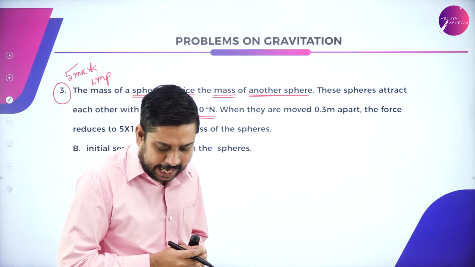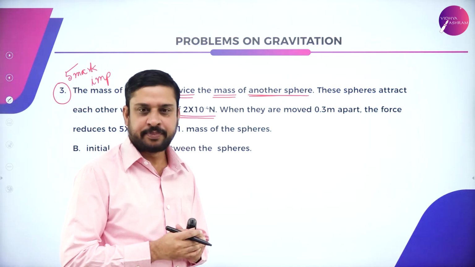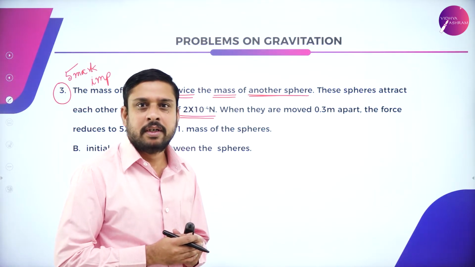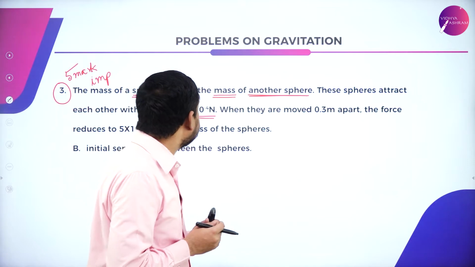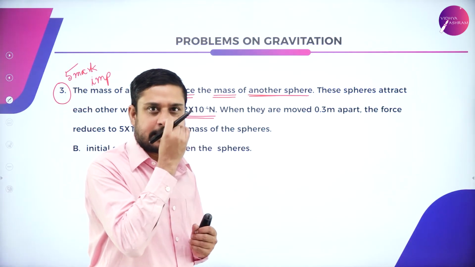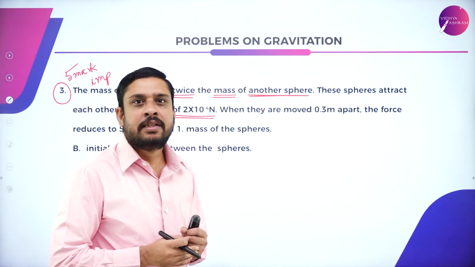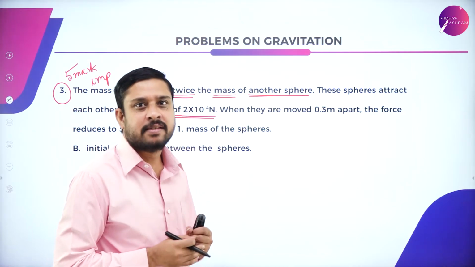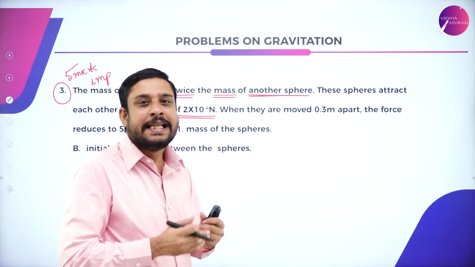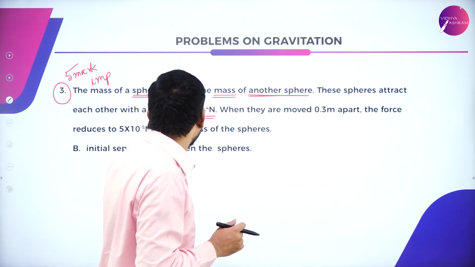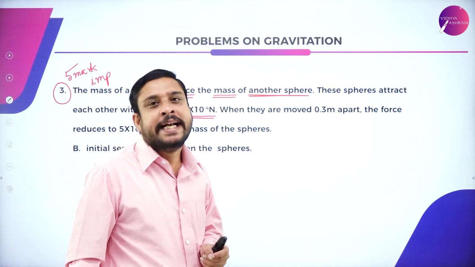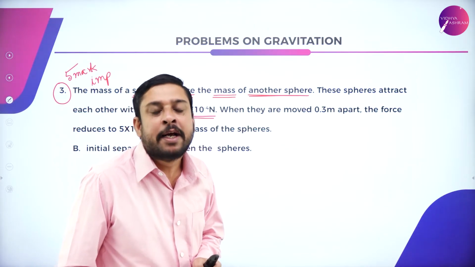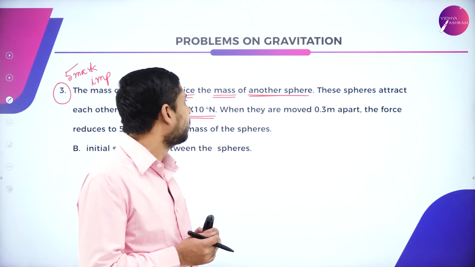So, what is happening here is, when they are separated by a certain distance, the two spheres attract each other with a force of 2 into 10 power minus 4 Newton.